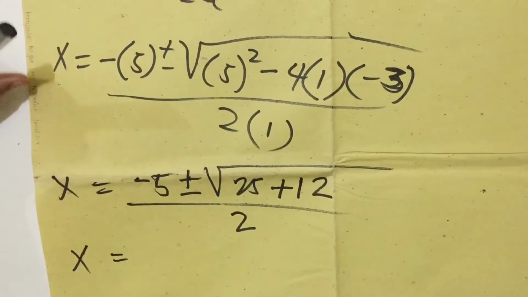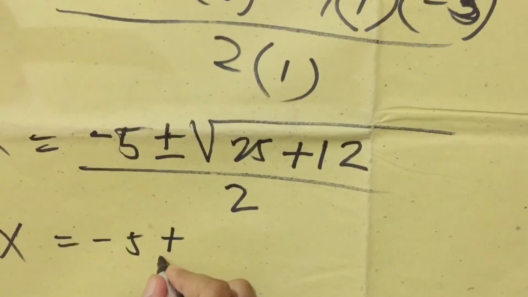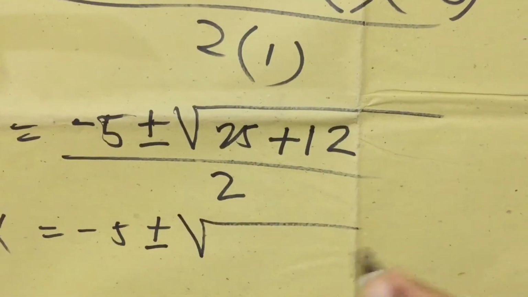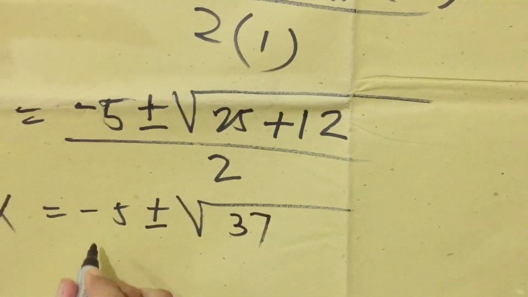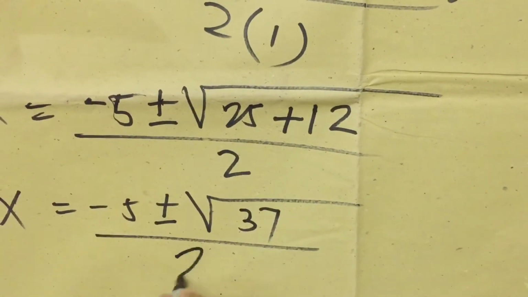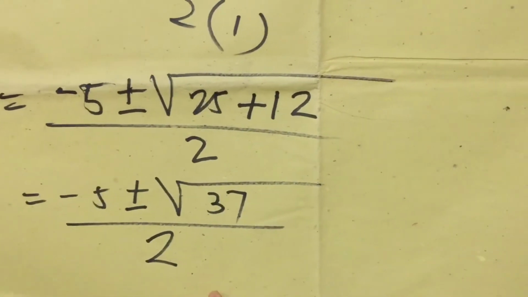So x equals negative 5 plus and negative square root of 25 plus 12 equals 37, all over 2. And this is our answer now.